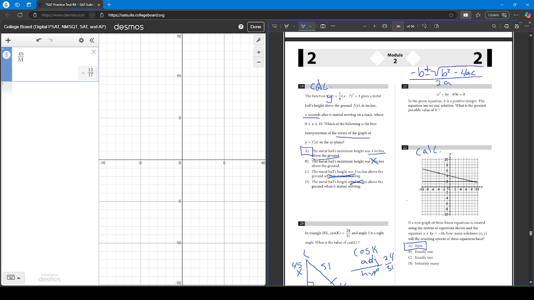This little piece right inside here would need to be negative. So in order for me to get that to be negative, what's the biggest number we could put in there?